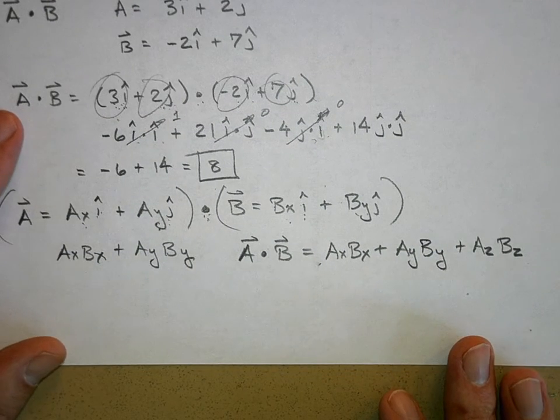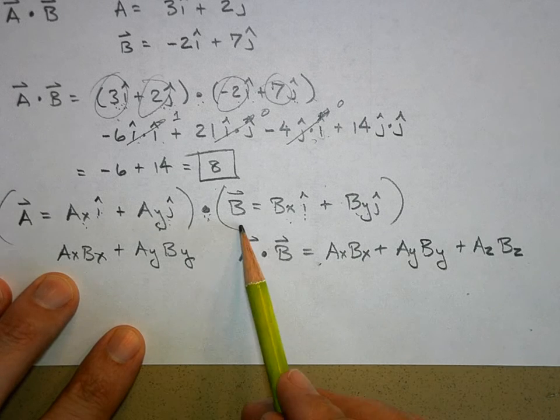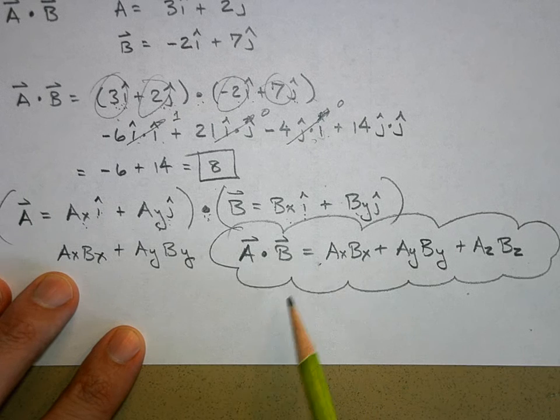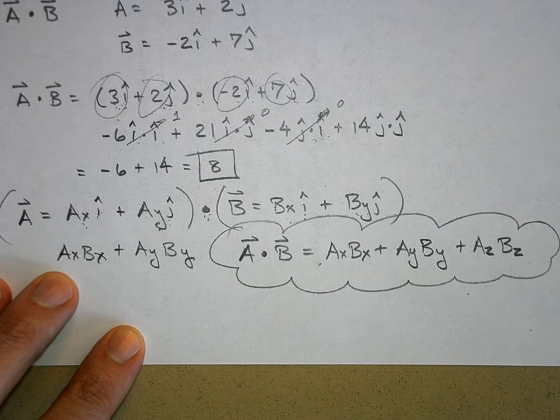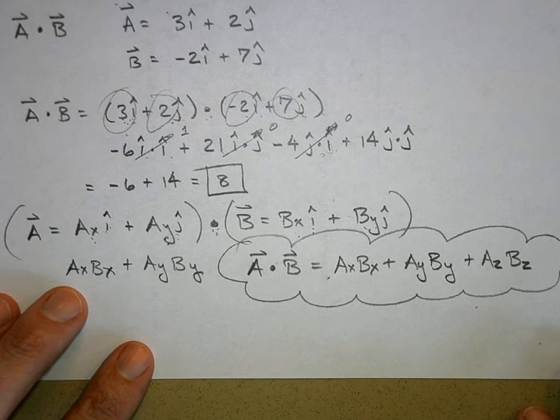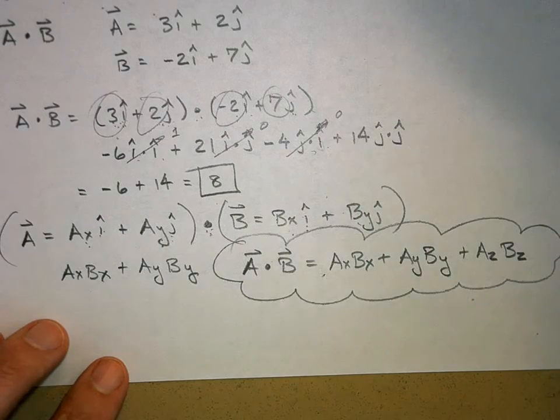Okay, AzBz. Now, by the way, some math books or physics books will actually use this to define the dot product. But it really doesn't matter what you use to define the dot product.